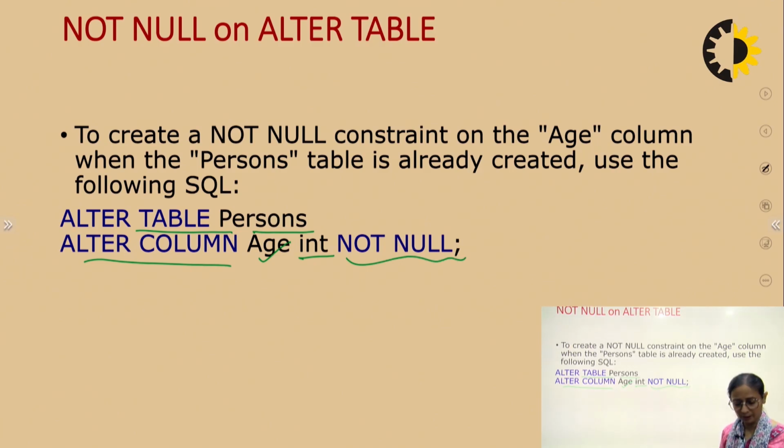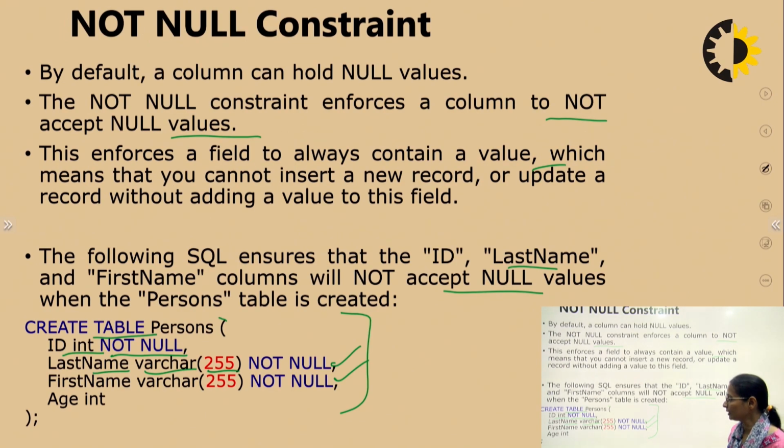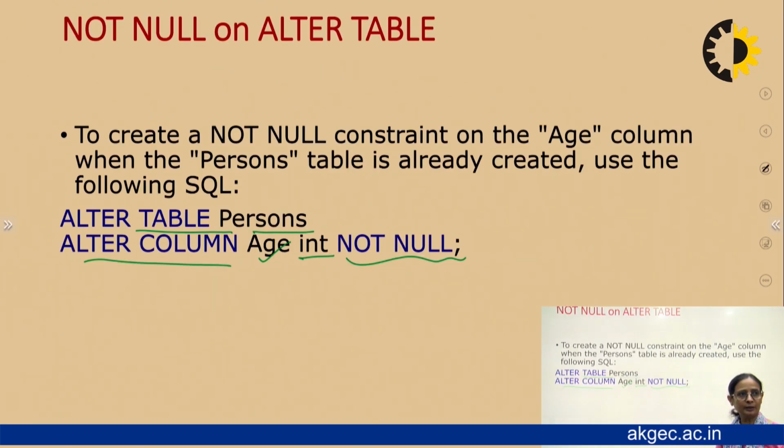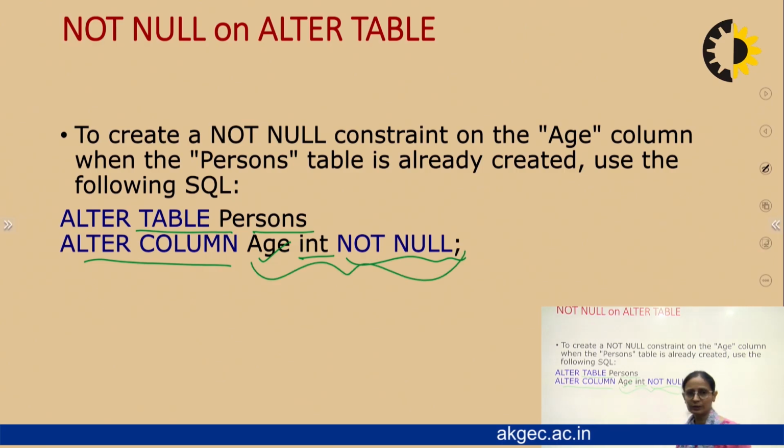It needs to be noted that in the previous example, we defined the age column with the data type int. Again, whenever you are redefining things, you will pass the data type again in the alter statement.